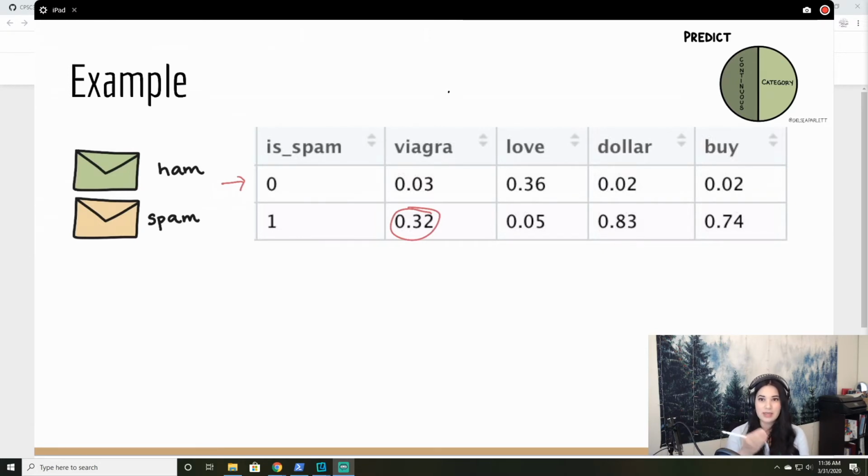So we can see that there are different probabilities for seeing these four words given if you're spam or ham. Obviously, when we do these algorithms, we're probably going to look at more complicated and more features, but for the sake of doing the math by hand, I'm only going to look at these four.